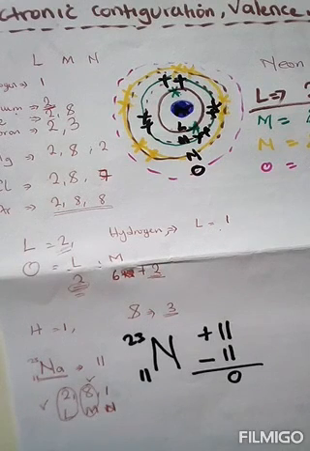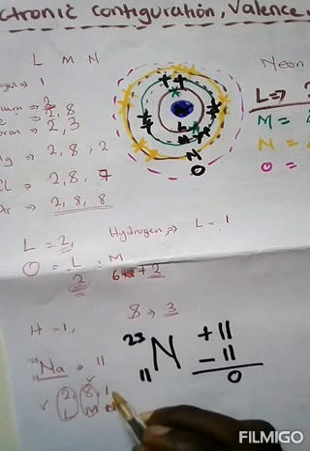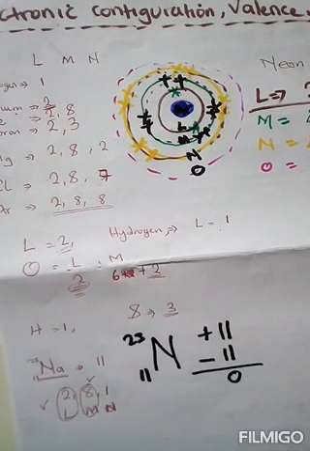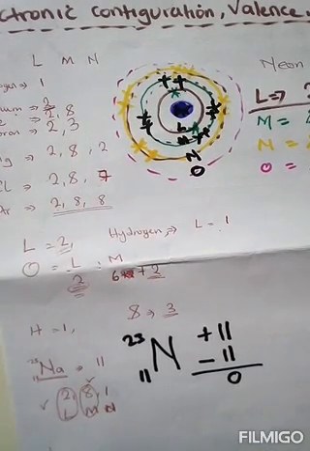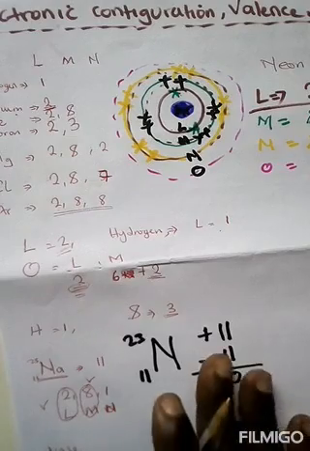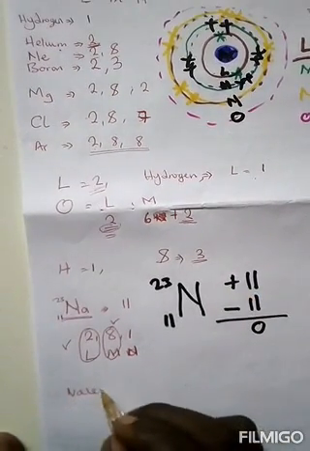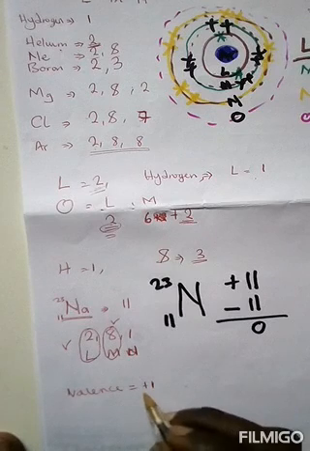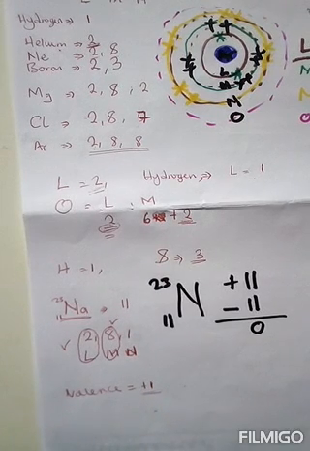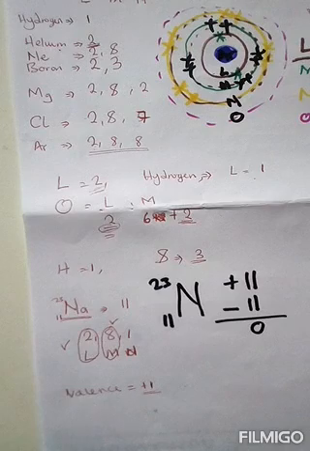No. What sodium can do is easily lose the 1 electron in the outermost shell. So the valence for sodium is equal to positive 1. Why are we saying positive 1? We will know later. Sodium can easily lose 1 electron, so its combining power, which is called valence, is 1.